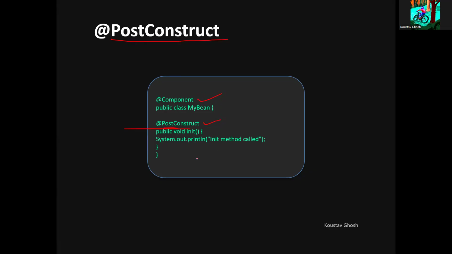It is the ideal place for initialization logic, like database connections and cache loading. Clear? So this method runs after the dependency injection is completed, but before the bean is used. That's the main point.